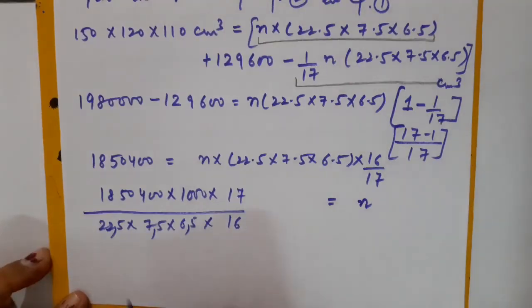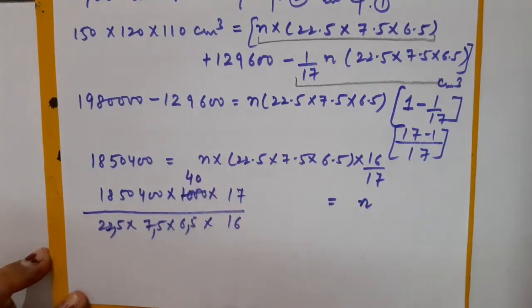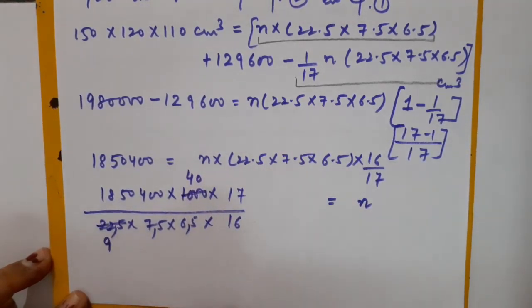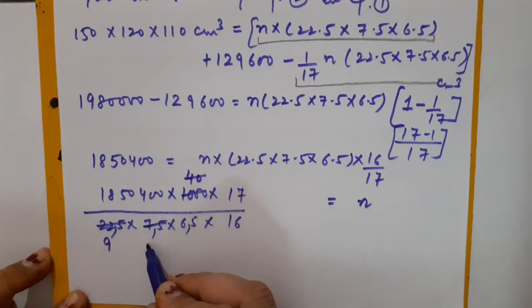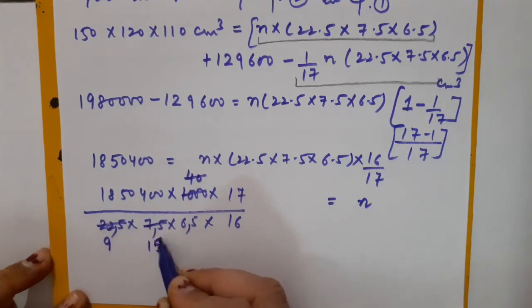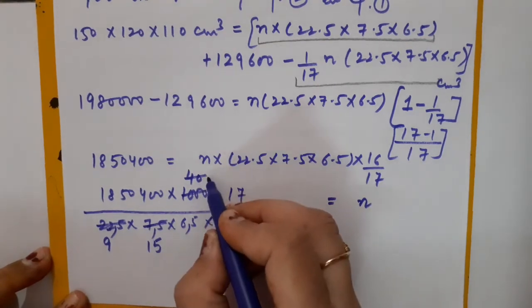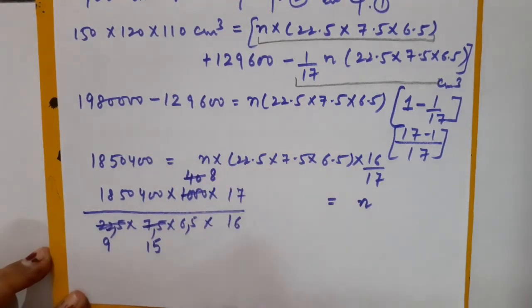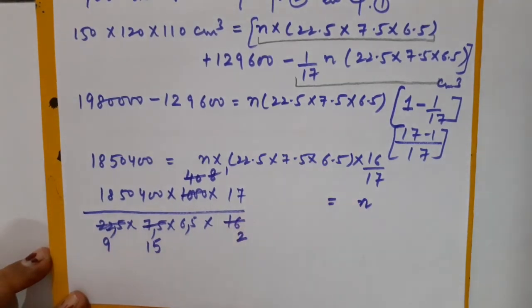So now let us solve it by the table of 25. 25 4s are 100. This is 0. 25 9s are 225. Now again by the table of 5. 5 1s are 5, 5 5s are 25. Here 5 8s are 40. 8 1s are 8, 8 2s are 16.